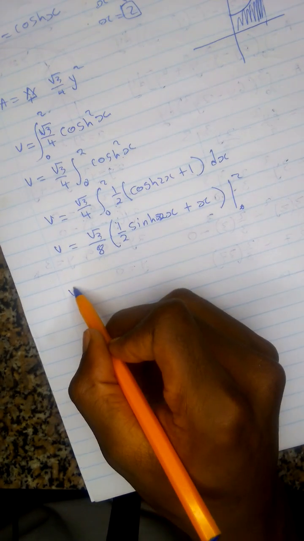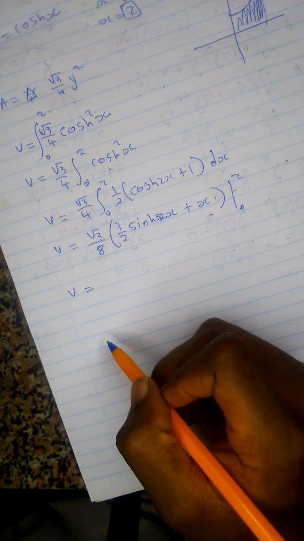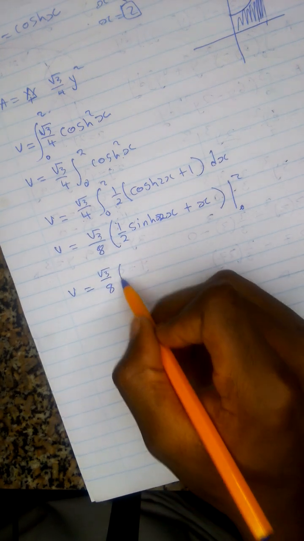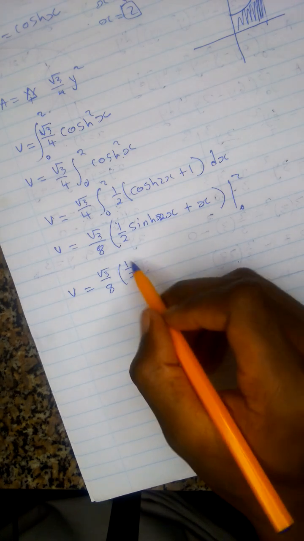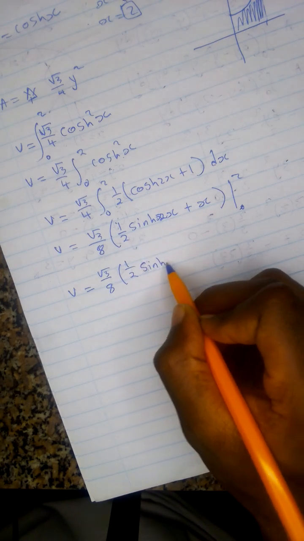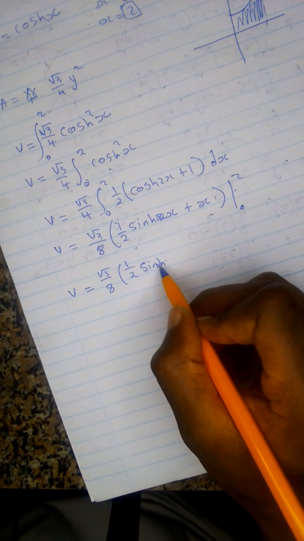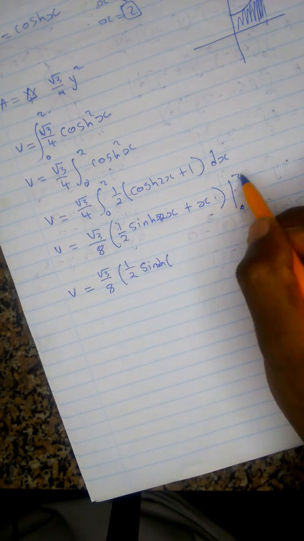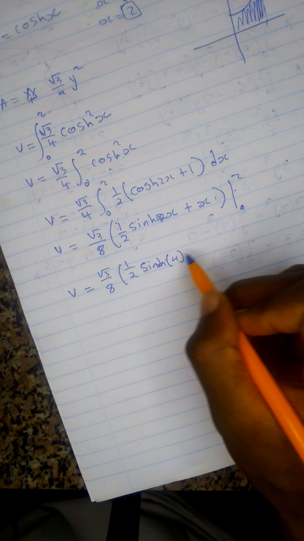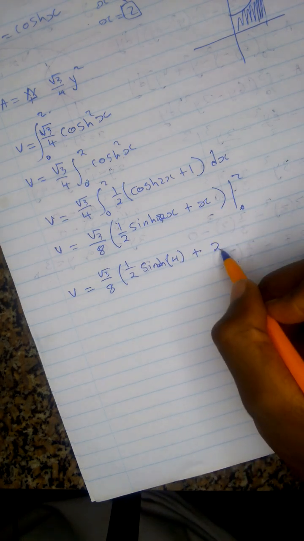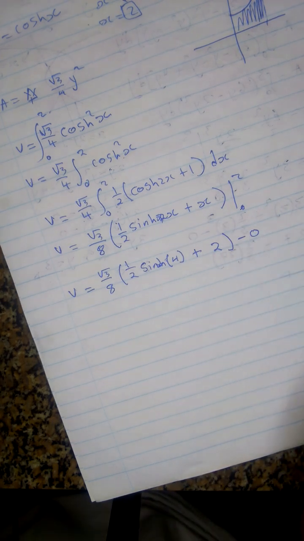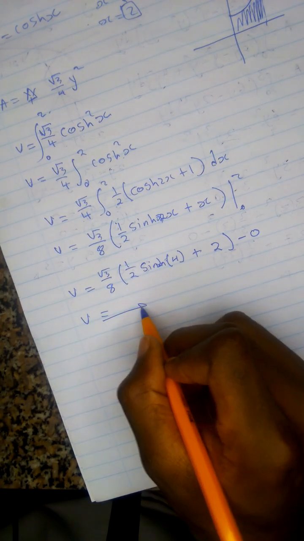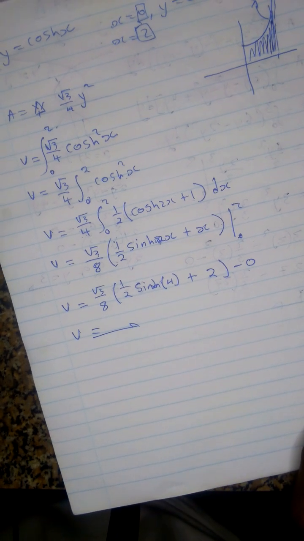So right over here we will have root 3 divided by 8, and then 1 over 2 sin of, what is 2 times 2? That is 4, plus 2, and then minus 0, and then you simplify that. Okay, that should be the problem.